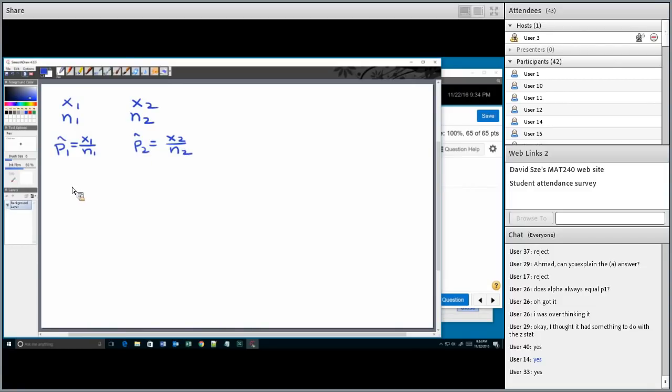Now, in order to calculate the confidence interval, what we do is we take the difference of these proportions, and we add and subtract the critical z value times this whole thing.